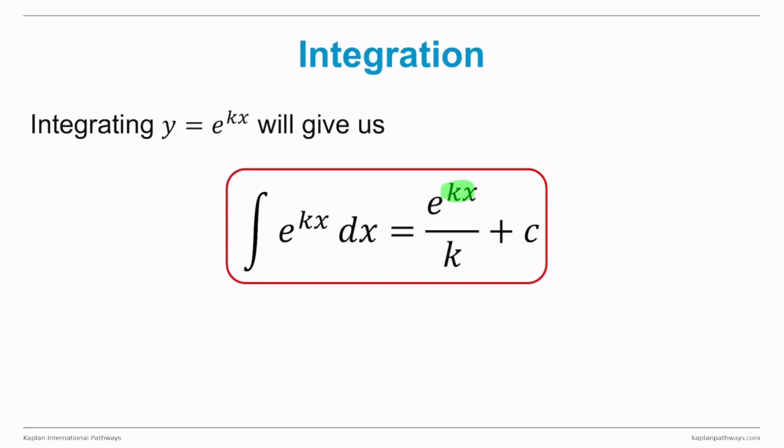The derivative of it is k, so in integration we divide by this derivative, plus c, which is the constant of integration. And it's important to write this c if you are doing an integration without any limits.